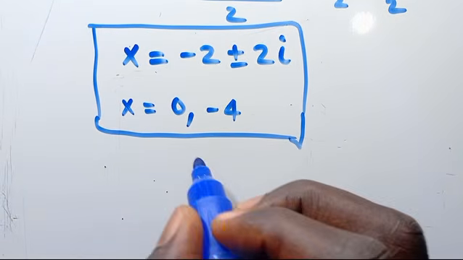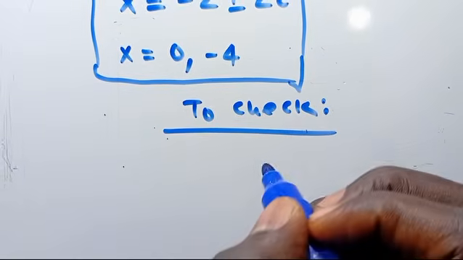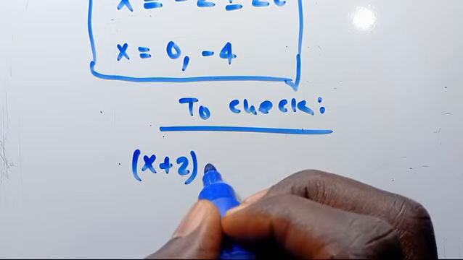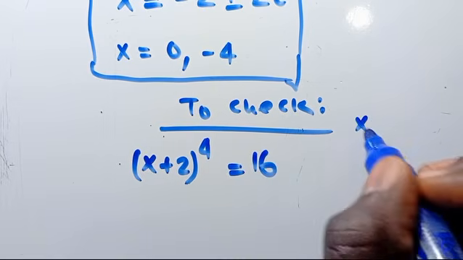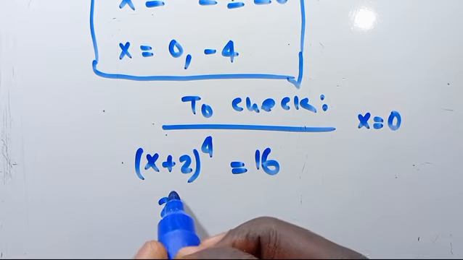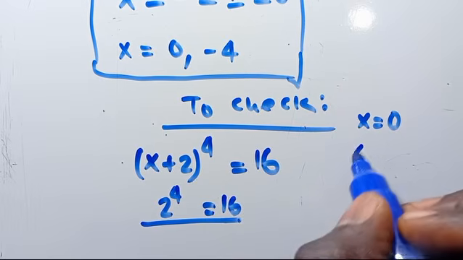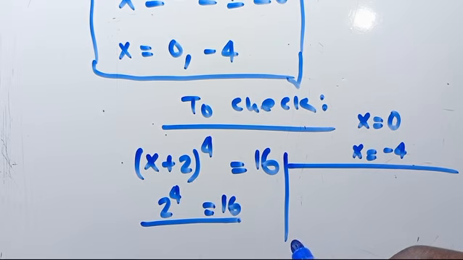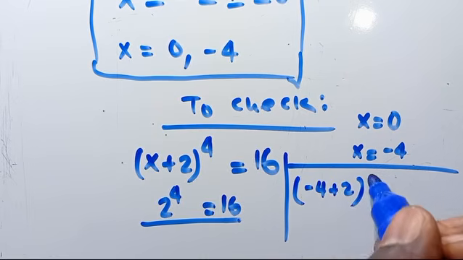So now let us check. We are given (x plus 2) to the power of 4 equals 16. When our x equals 0, let's verify. 0 plus 2 will be 2 to the power of 4, which equals 16. This is true. When x equals minus 4, this will be (minus 4 plus 2) to the power of 4.